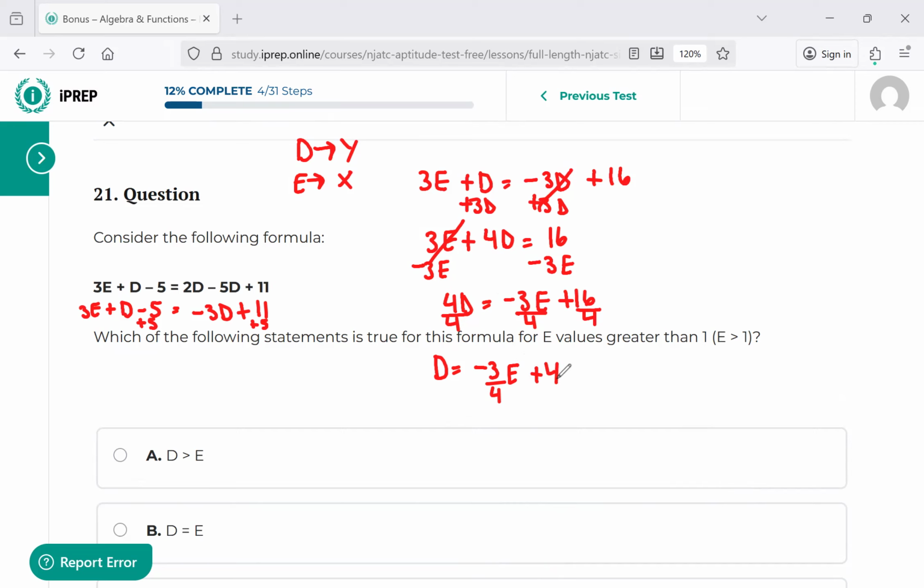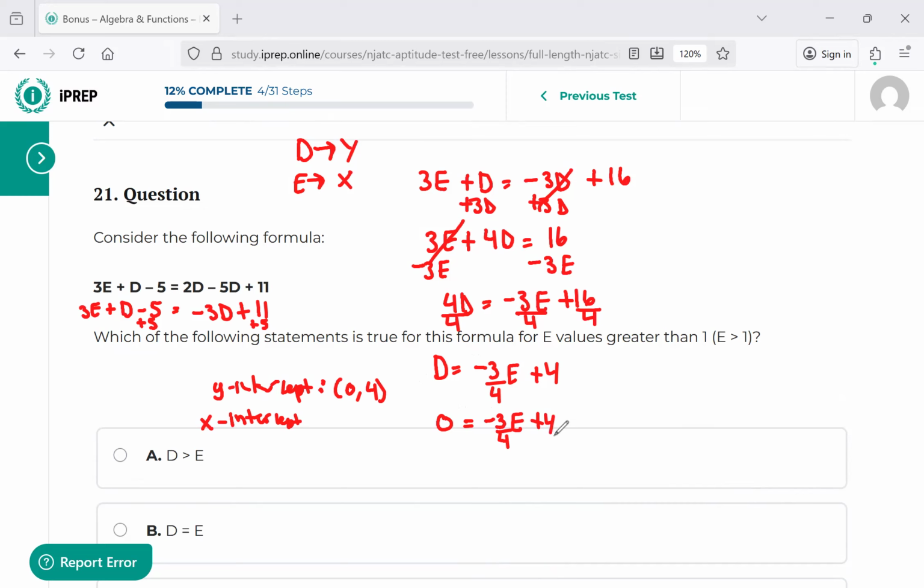Okay, so now we can graph it. Our d is our y and e is our x. So how would we graph it? My y-intercept is your b. We have a y-intercept at 0, 4. To find the x-intercept, you plug in 0 for d, so 0 equals negative 3/4 e plus 4.